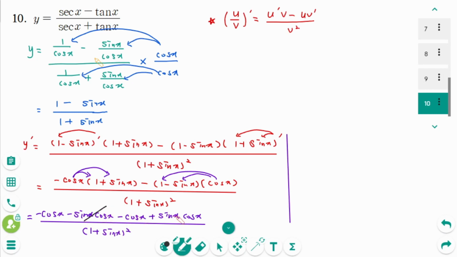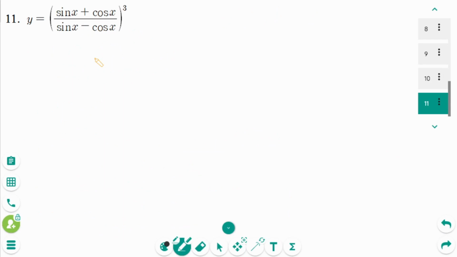Then cancel. The final answer is minus 2 cosine x over 1 plus sine x squared. This is the last one.